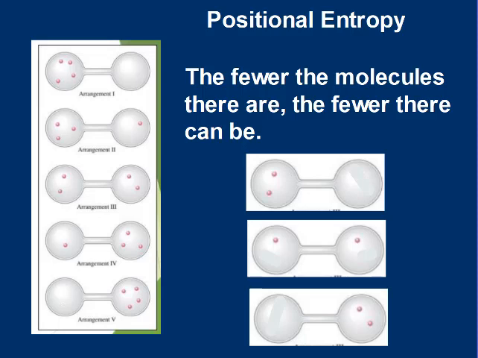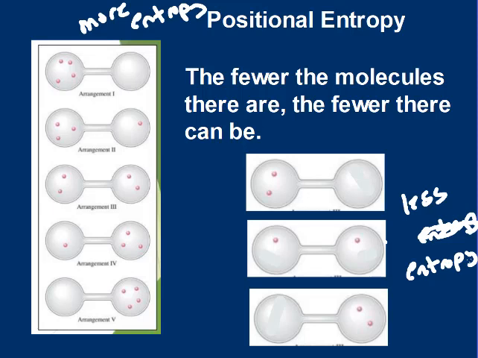So 4 particles, I have 5 arrangements, but if I only have 2 particles, I only have 3 arrangements. So the fewer the particles I have, the fewer microstates I have, therefore I have less entropy. So this one is more entropy, this one is less entropy.